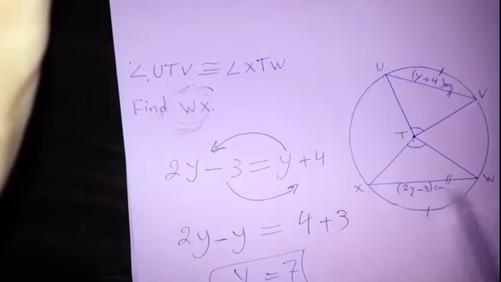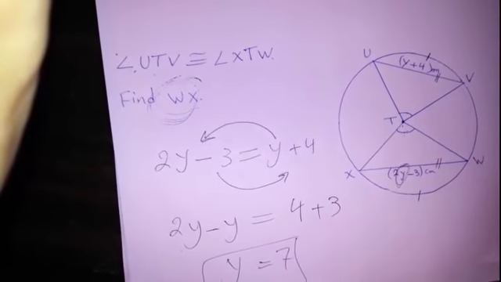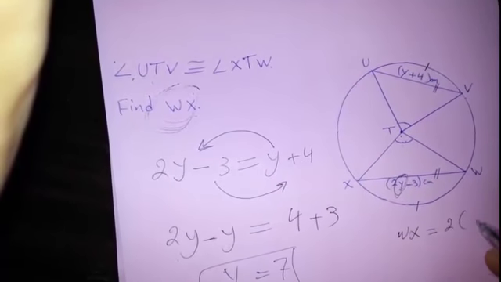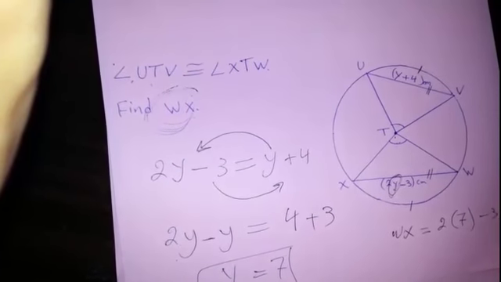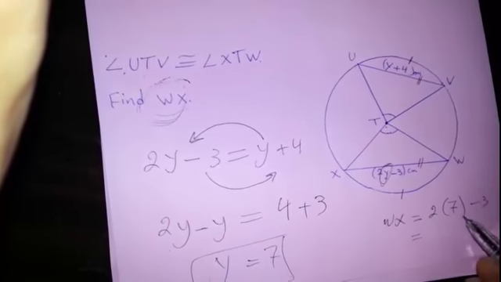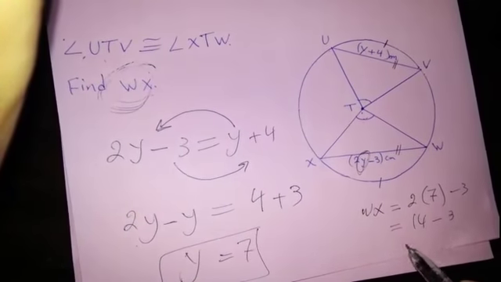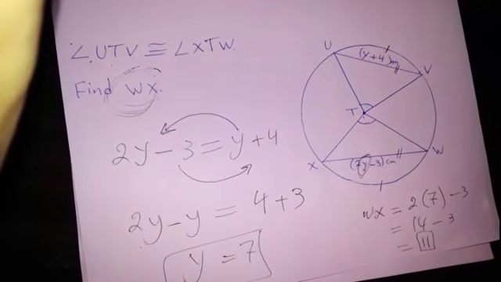So I go here to WX and replace Y by this value. So WX equals 2 bracket, replace Y by its value, which is 7 now, minus 3. 2 multiplied by 7 is 14. Minus 3 is 11. And this is the value of WX.